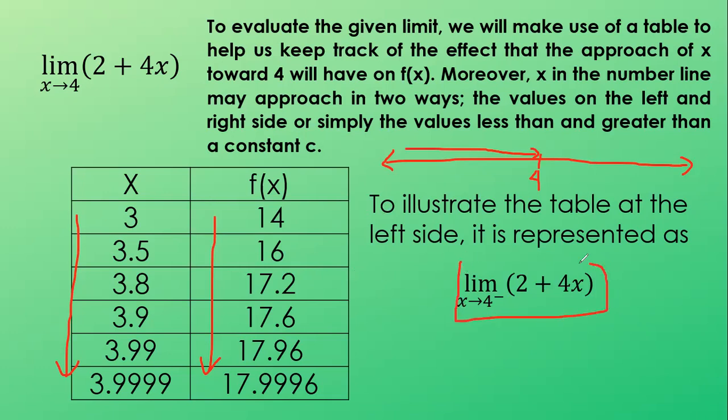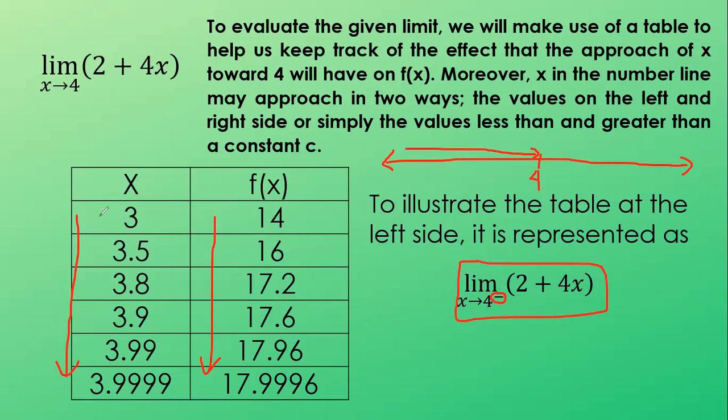So, to illustrate, the limit of 2 plus 4x as x approaches 4, kung mapapansin natin may negative sign dito. So that means x approaches 4 from the left. Okay?